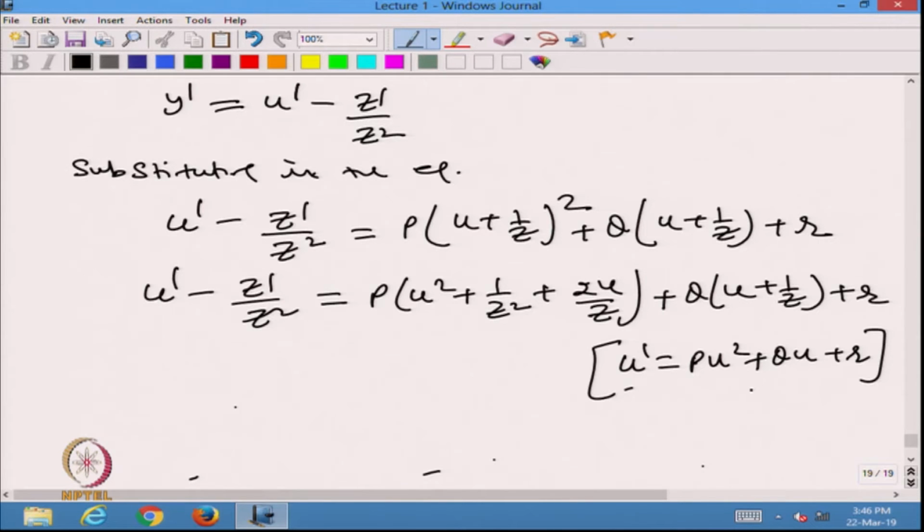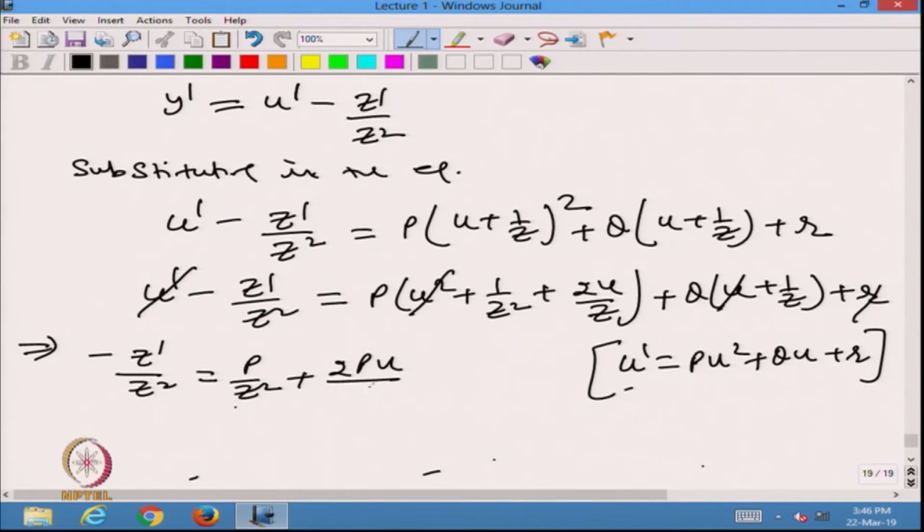So, I can cancel out these terms, and after cancelling I am left with minus z dash over z square is equal to p over z square plus 2 p u over z plus q over z.